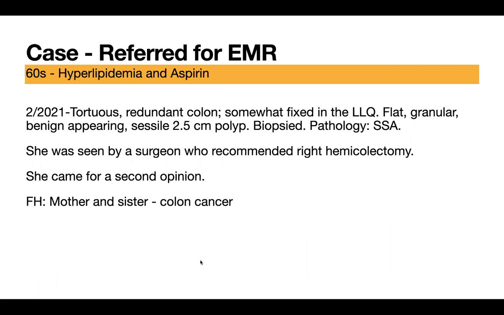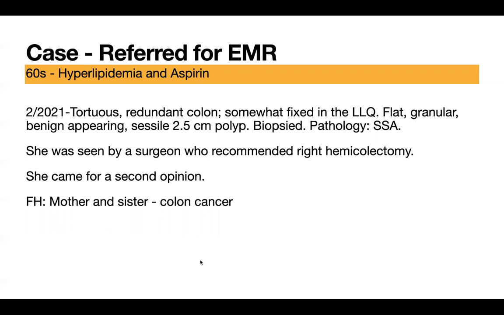All right, so this is an interesting problem. This is a woman in her late 60s, in good health, except for hyperlipidemia and aspirin use, no major medical problems. I took care of her husband, and they decided to come here after having found a polyp in her colon. She underwent her colonoscopy in an outside facility about 7 hours away from our center.